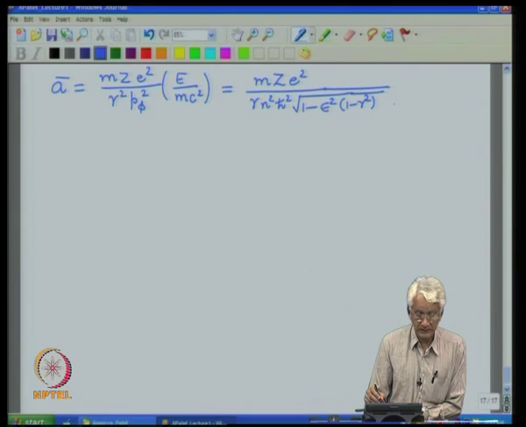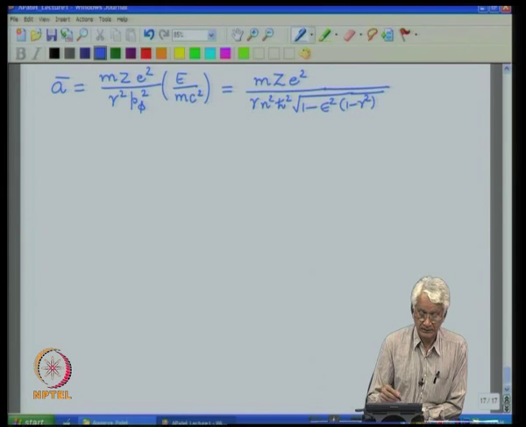And this is what the relations of A bar and epsilon to the energy look like.